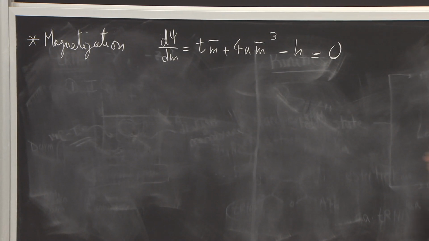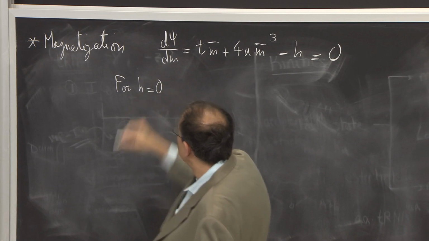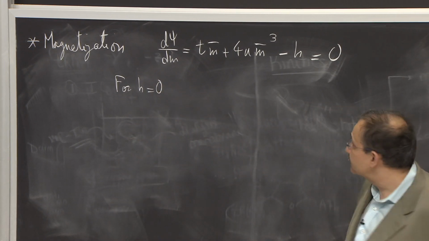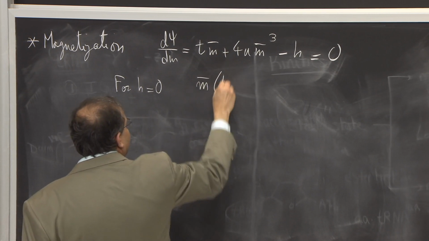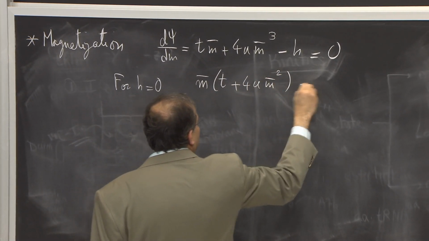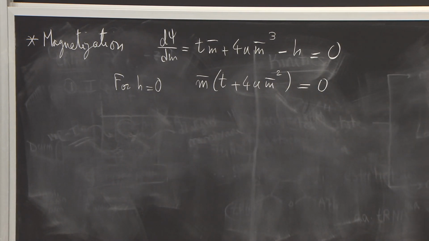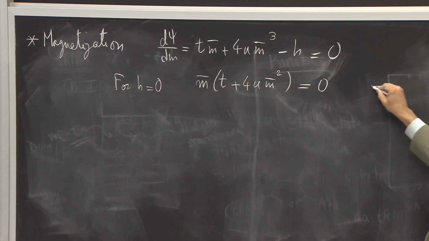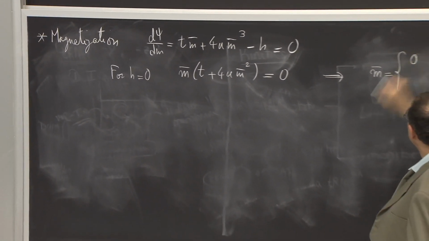For h equals to 0, along the symmetry axis, then I have two solutions, because that I can write as t plus 4u m bar squared times m bar equals to 0. If I stare at that equation, I immediately see that the possible solutions are m bar is 0.